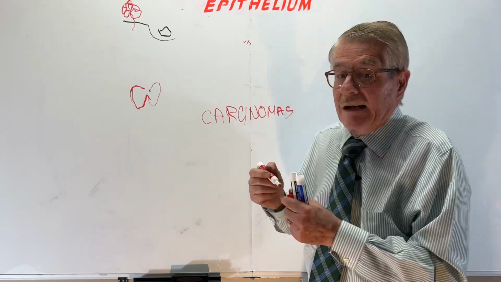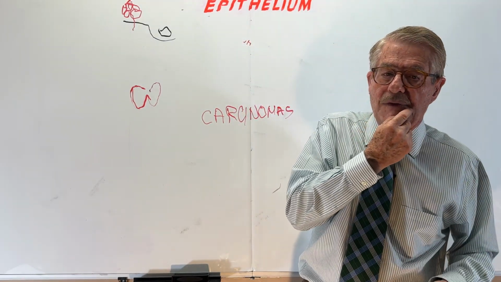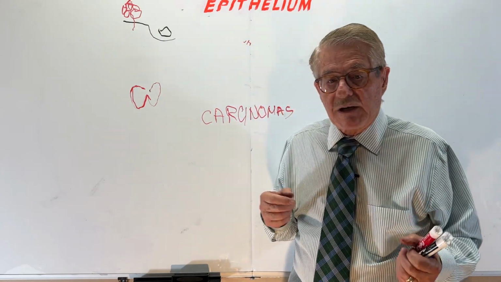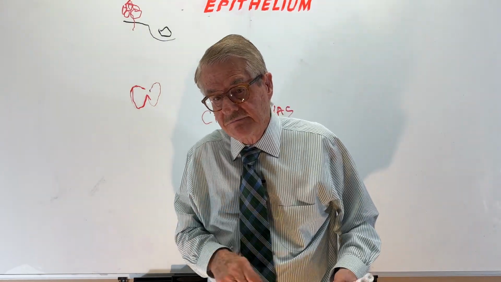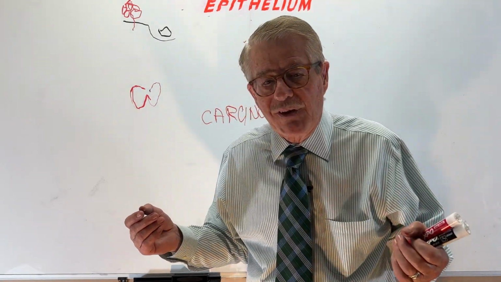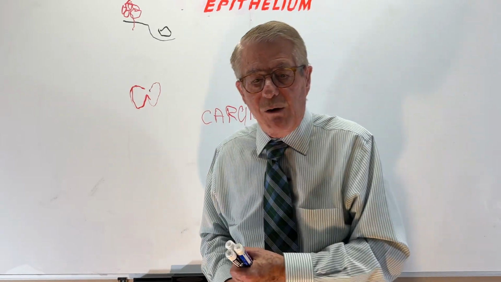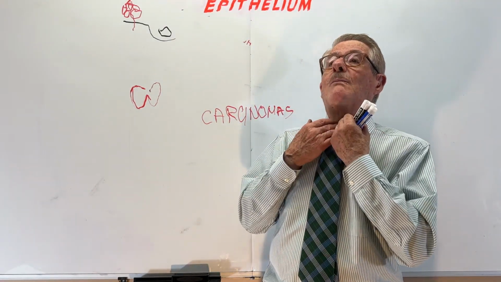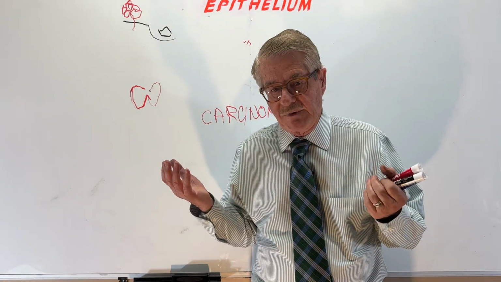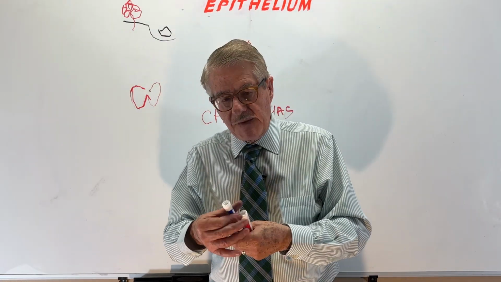So what kind of carcinoma? Well, it's a squamous cell carcinoma of the skin, squamous cell carcinoma of the mouth, squamous cell carcinoma of the cervix, or, for example, squamous carcinoma of the lung, or carcinoma of the colon or the stomach, or carcinoma of the thyroid, for example. So now, what is the difference with the other components?